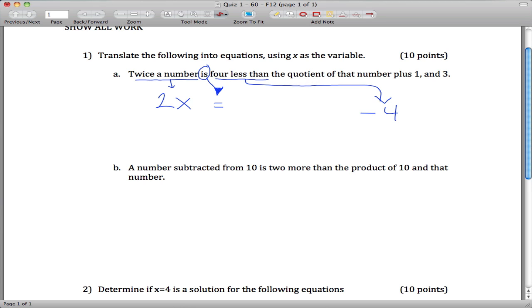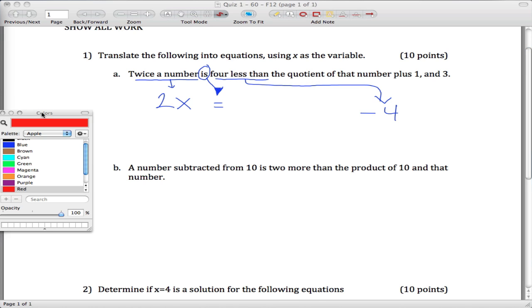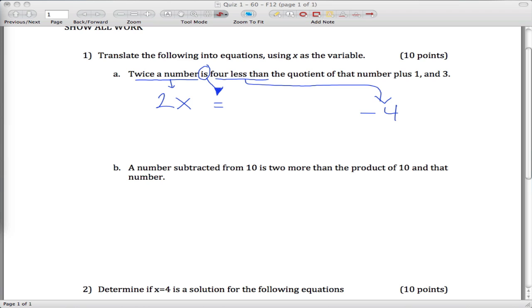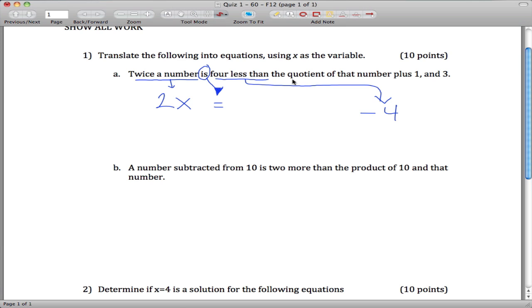Maybe I'll change colors here. The quotient of is this symbol right here. So something will go on top of this and something will go on the bottom.